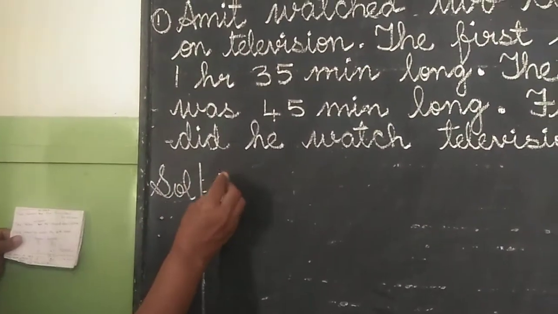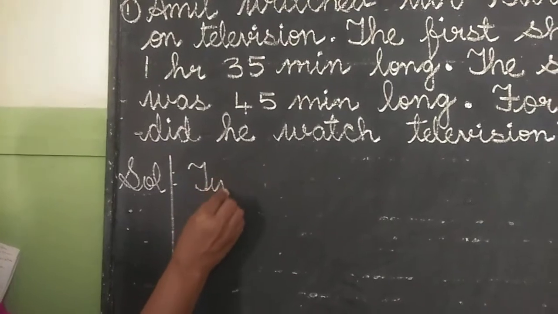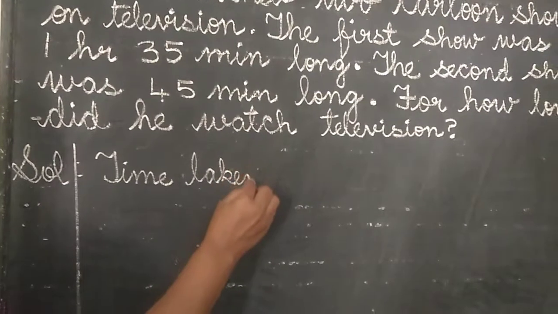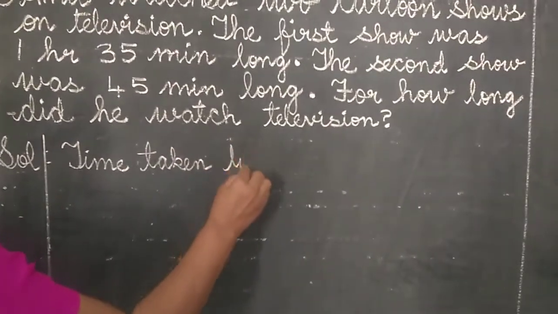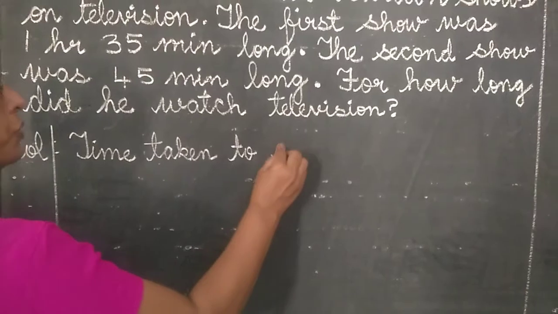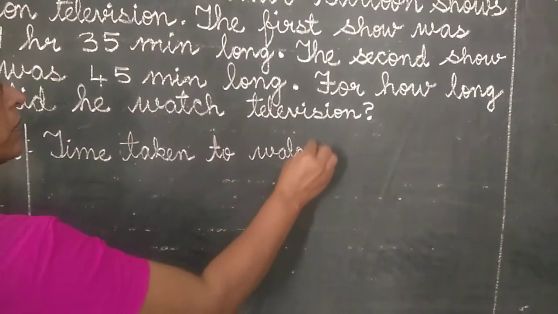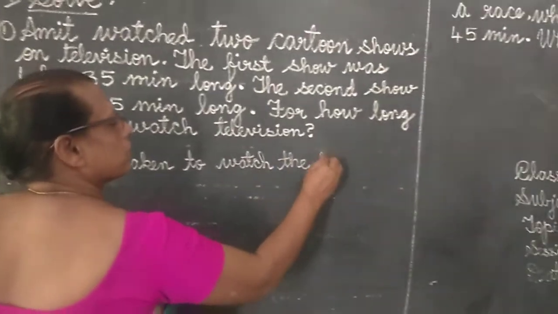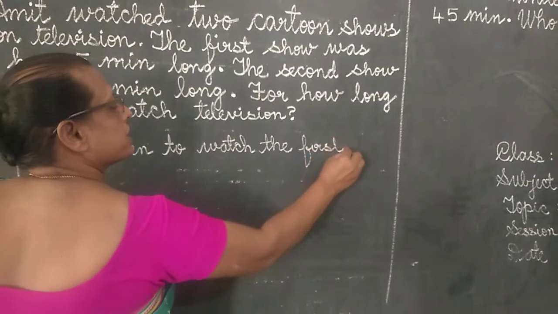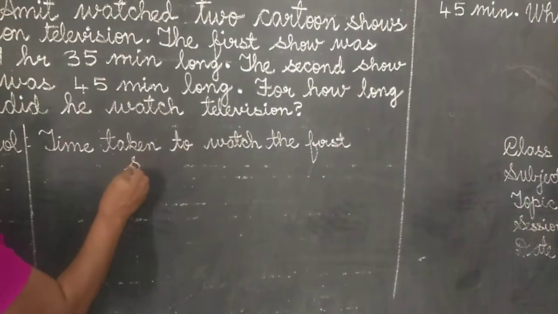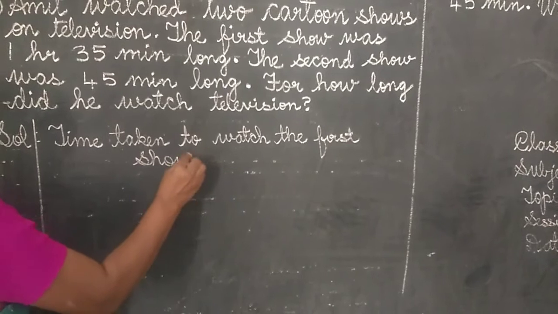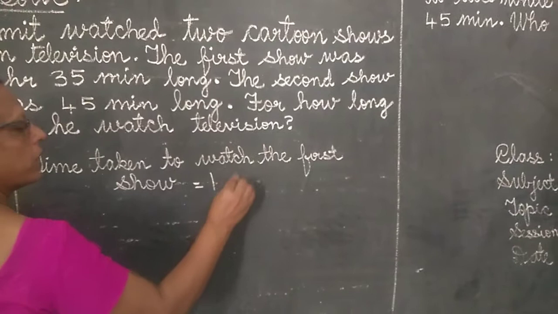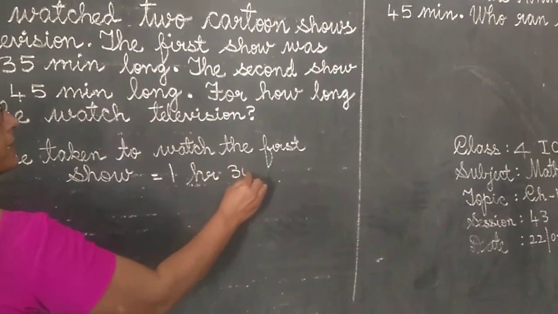Okay, so first we'll see the time taken to watch the first show. Time taken to watch the first show is equal to what, children? 1 hour 35 minutes.